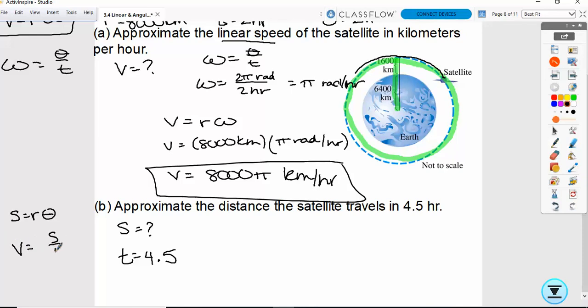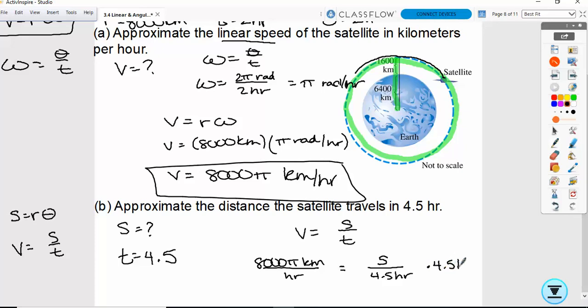Or we can do V equals S over T. Does the speed of the satellite change as it moves around? No. So the speed we found in part A is still the speed here. So we could do V equals S over T. My V was 8,000 pi kilometers per hour. My S was my arc length. We are trying to find that. My time is 4.5 hours.